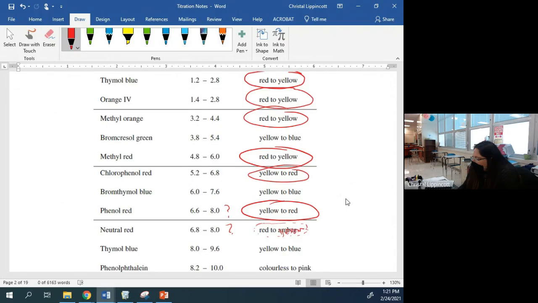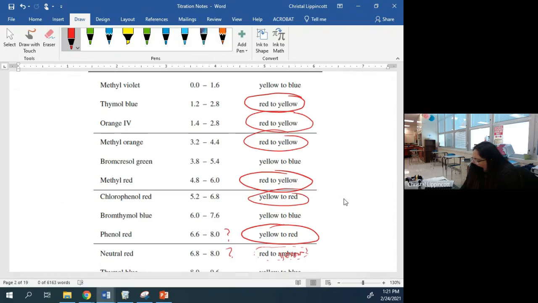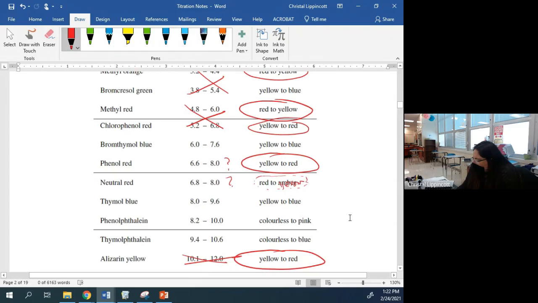So we're going to get rid of these because these aren't anywhere near 7.3. No 7.3s here. No 7.3 here. So that's really going to leave us with this one or this one. Wouldn't it be the red to amber because it's a smaller window?